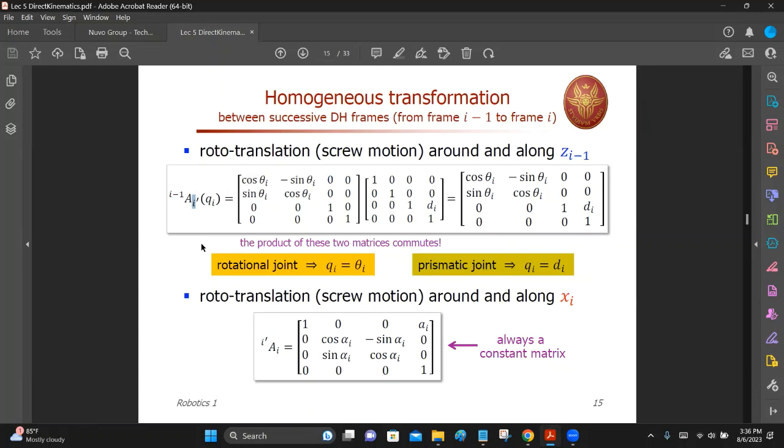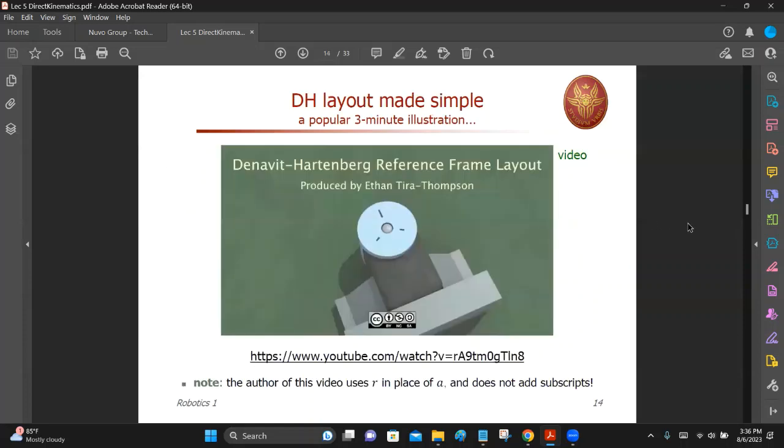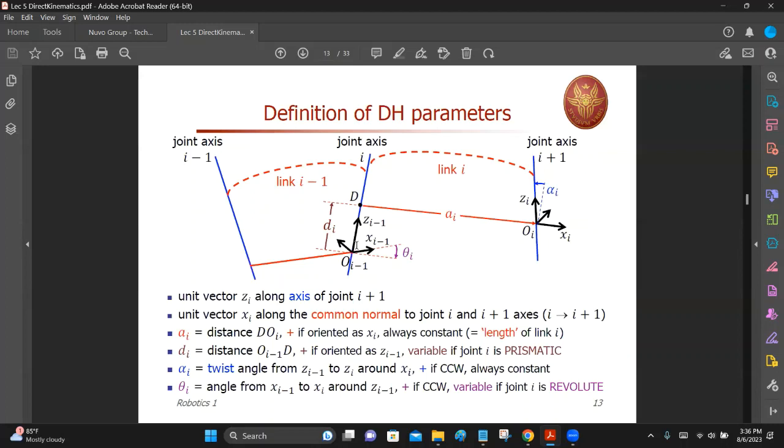But now I understand that this is a two-step process. First, I want to bring this coordinate frame from here to the point D. And after that, I have another screw operation to bring it to i. So it is i minus 1 to i in two steps.